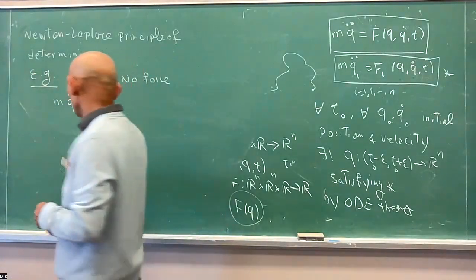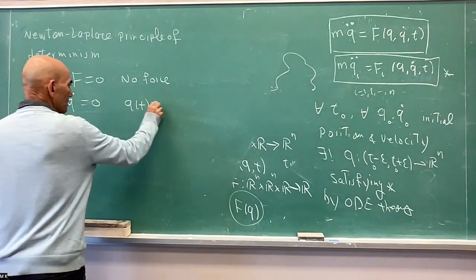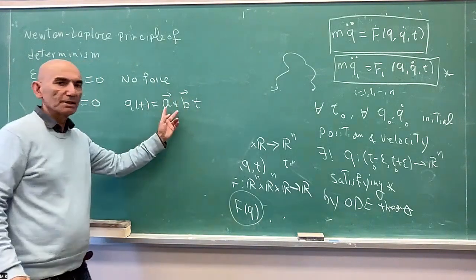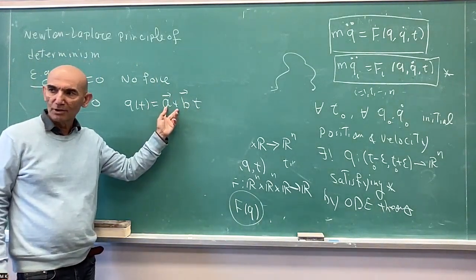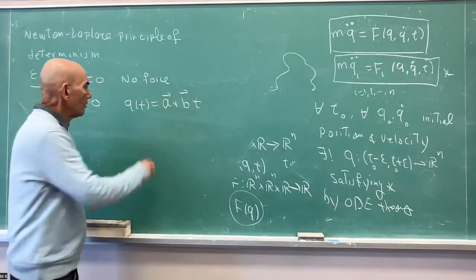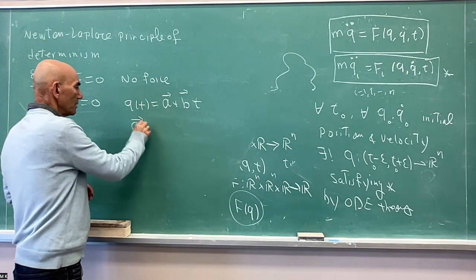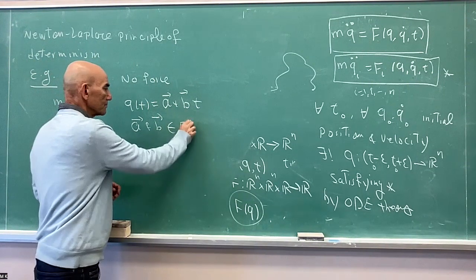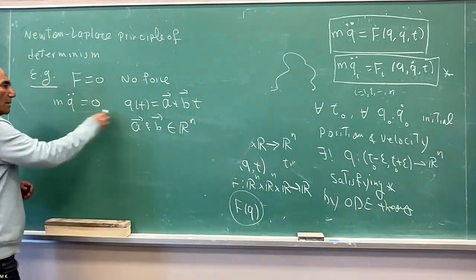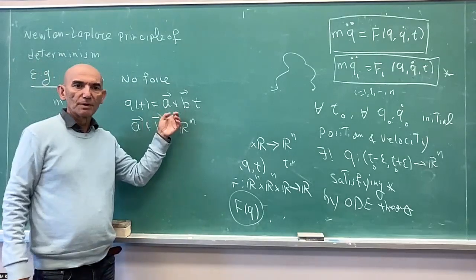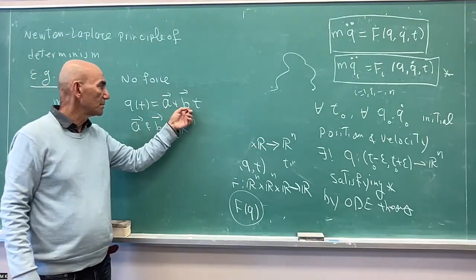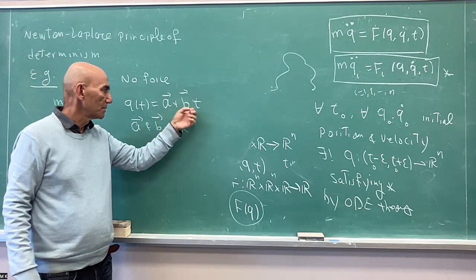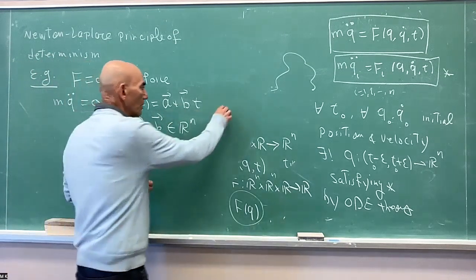The solution is q of t equals a plus bt. I deliberately write it in this form to denote the vector nature of these things, for a and b belonging to R^n. In other words, all solutions are of this form: a vector plus b vector times t, with t belonging to R.